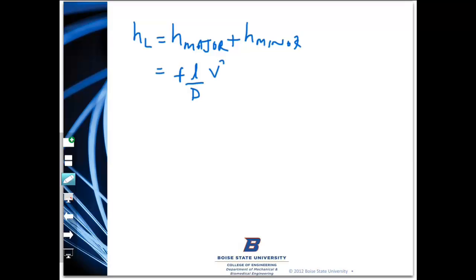Okay? And we know that HL is the head loss due to the major losses plus the minor losses. So it's f L over D V square over 2G plus KL V square over 2G.